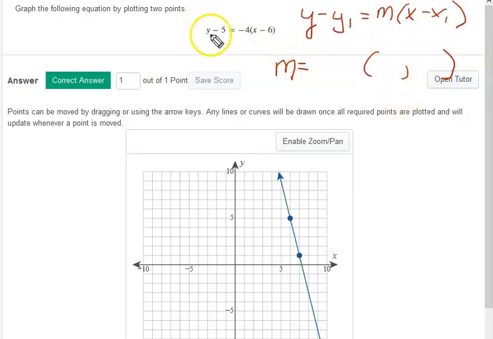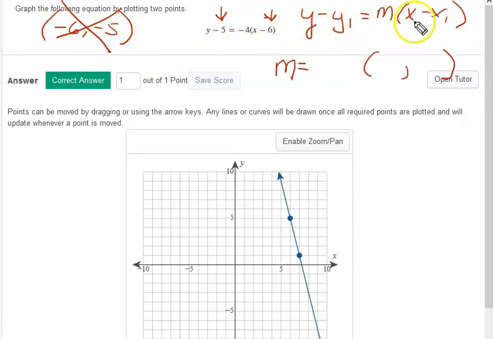Now, when an equation is in point-slope form, we ought to be able to pick out the y-coordinate and the x-coordinate. Now, if you said it was a -6 and a -5, that would be incorrect.